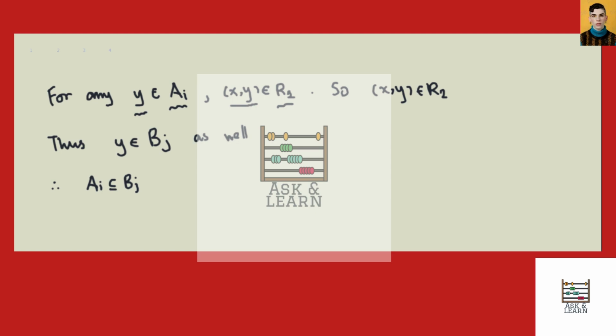But by our assumption, x and y must also be in R2 as well, because R1 is a subset of R2. When we have this, it means that y must also be in the same equivalence class as x under R2. And that equivalence class is the Bj that we just mentioned before.